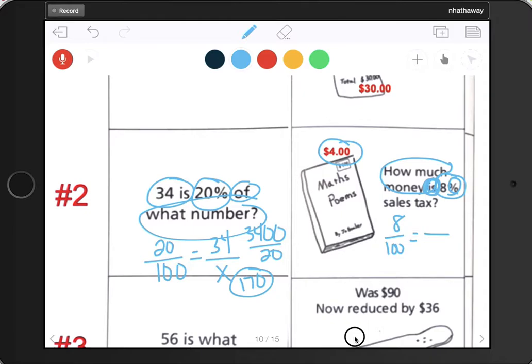Sales tax is not the entire thing. That is a part of it. So sales tax would be up here on the numerator. 4 would be our denominator. So we would do 8 times 4 to get 32. Divide that by 100, and we would get 0.32. And that sounds about right for sales tax.